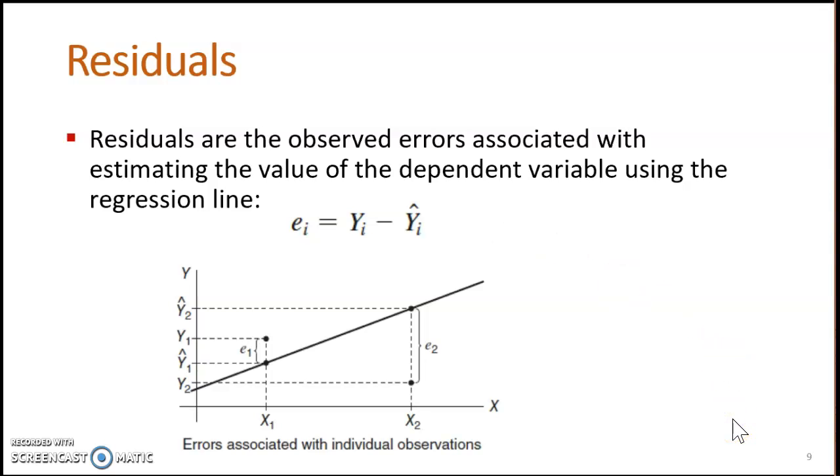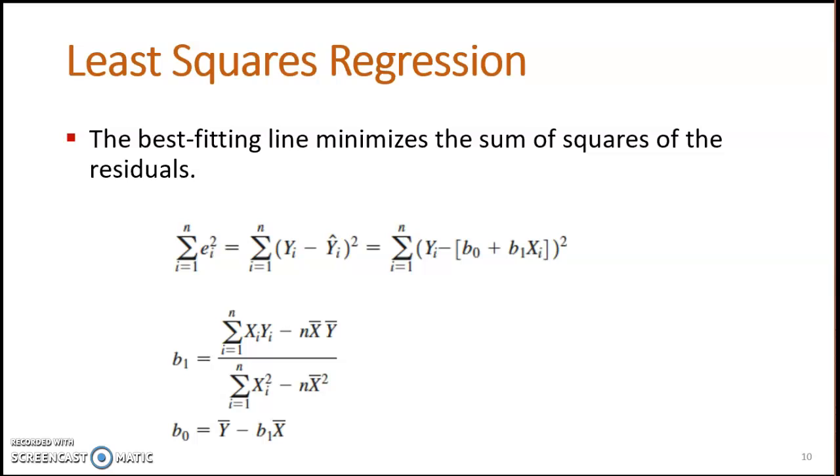The best fitting line should minimize some measure of these errors. Because some errors will be negative and others positive, we will have to take the absolute value or simply square them, as we can see in this particular formula.